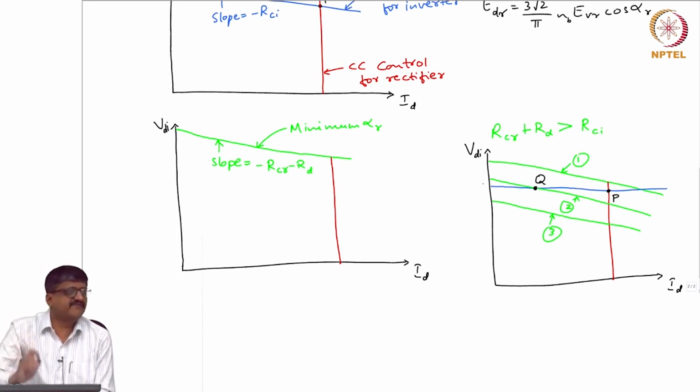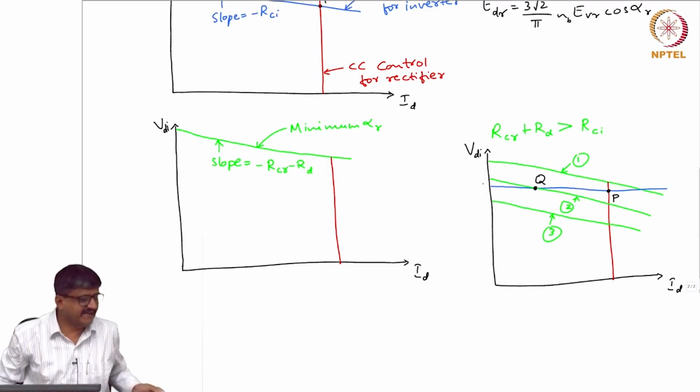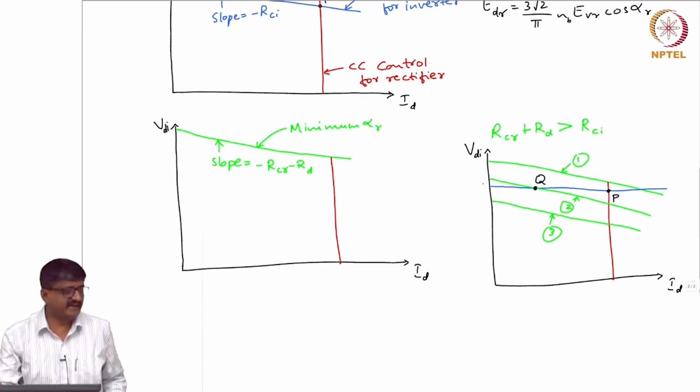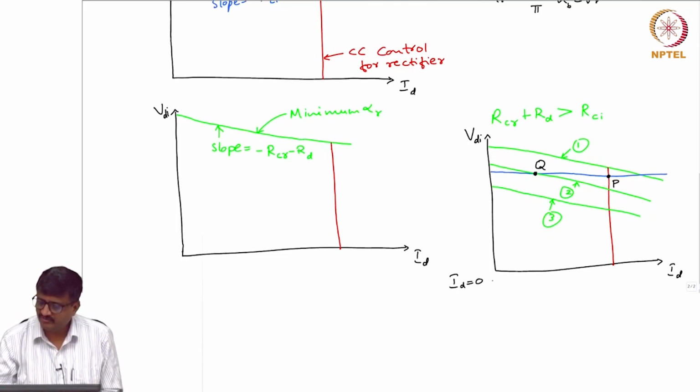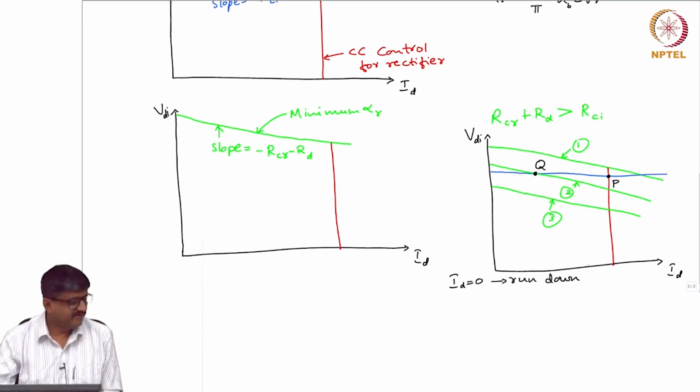At that point itself, ID would have become 0. When ID becomes 0, we say that there is a rundown of the DC link.